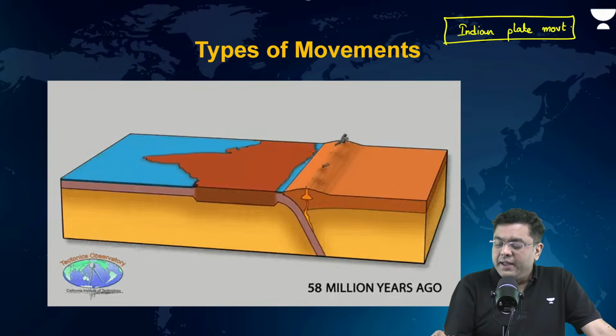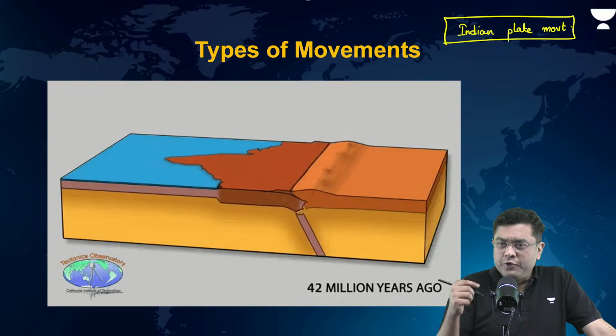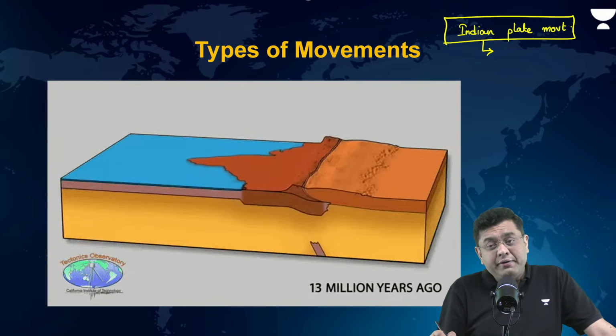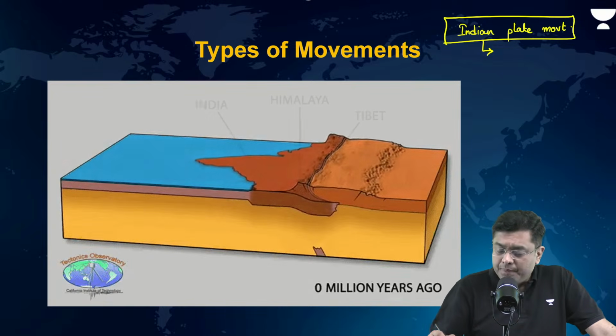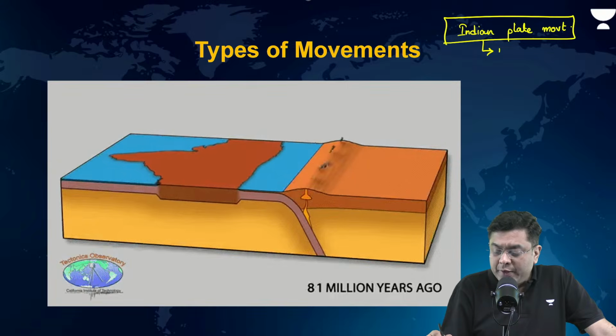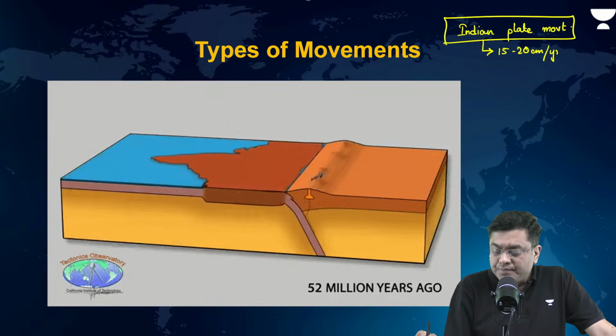So basically, Indian plate movement, if you observe this, started roughly around 150 million years ago. At that point of time, the speed of movement was very high, 15 to 20 centimeters per year.